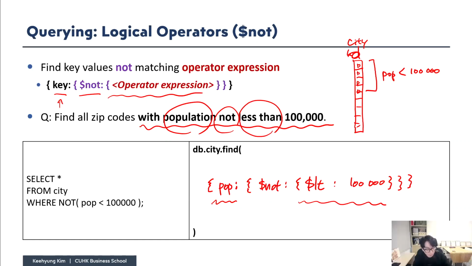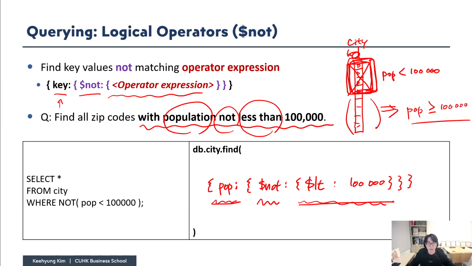Then based on this query, it will select these documents first. And there's the not operator, so this selection will be inversed in this collection. Except for this selection, the rest of the documents will be returned. Then they will have a population greater than or equal to 100,000, right? That's what we can infer here.